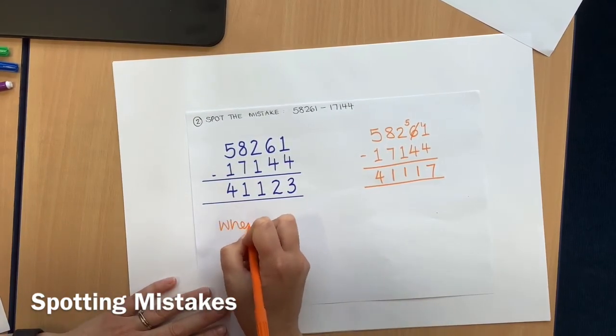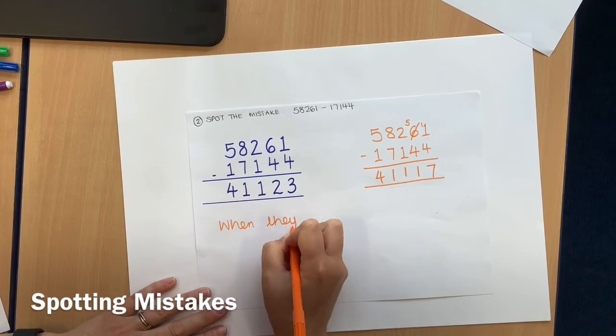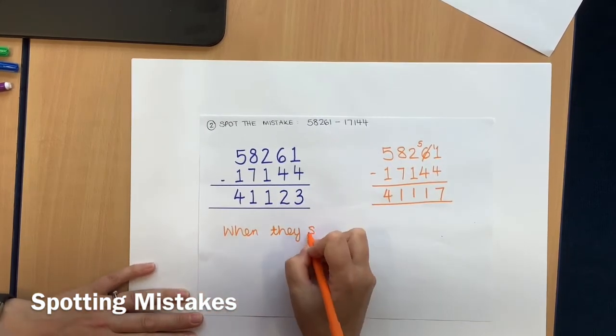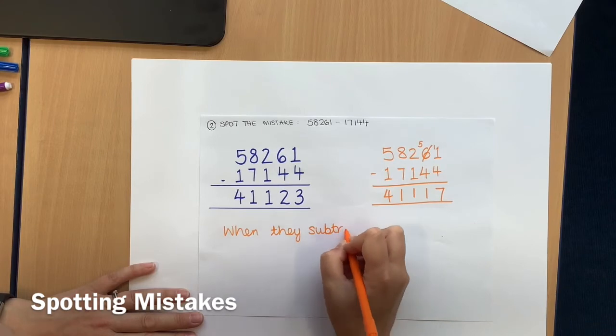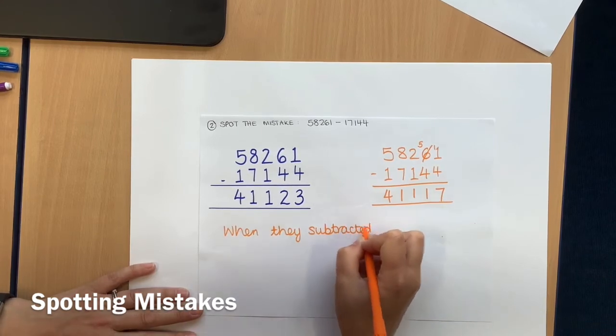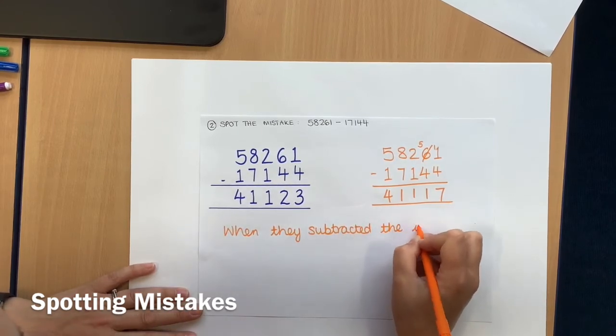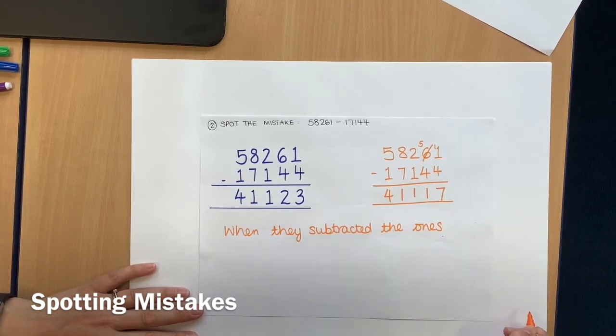When they subtracted, this time I'm going to write it out so you can see an example. When they subtracted the ones, try to use the best mathematical vocabulary you can to make a really clear, reasoned explanation.